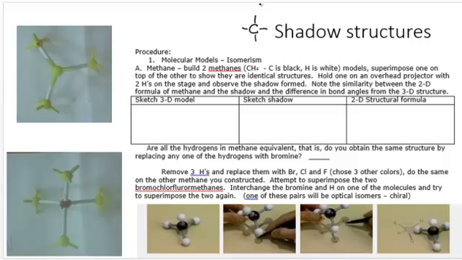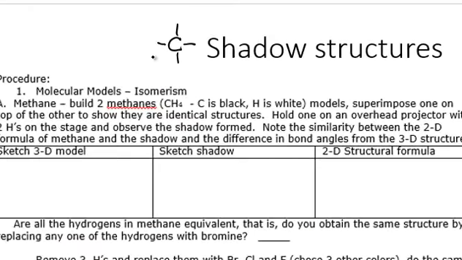Part of the reason is that if you allow that methane to sit on 2 of the hydrogens rather than all 4 of them, you would actually get a shadow that looks like the 2-dimensional structures that you see written in books.